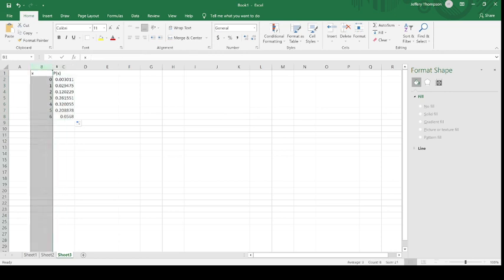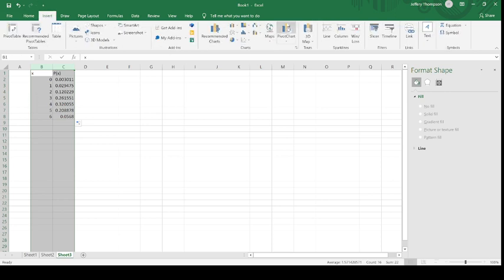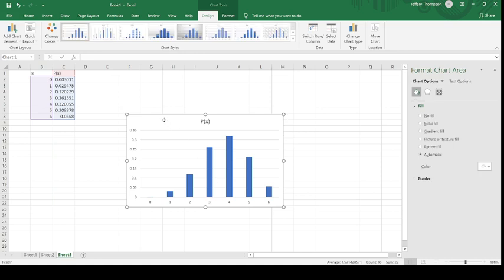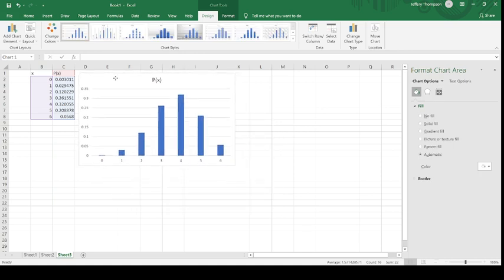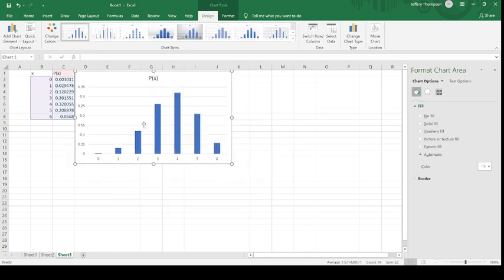Well, I can make a pseudo-histogram from this. If I select both these columns and go to Insert, then Recommended Charts, I'm just going to do a cluster column for right now. The cluster column shows the basic distribution here.